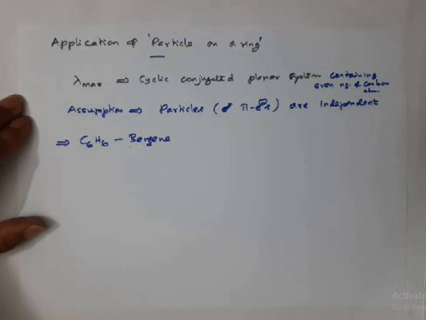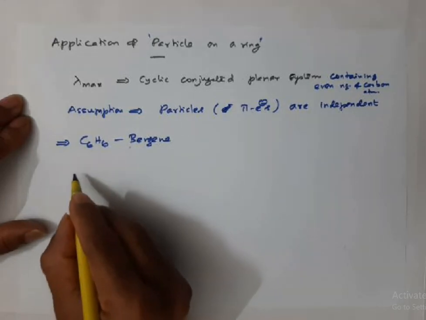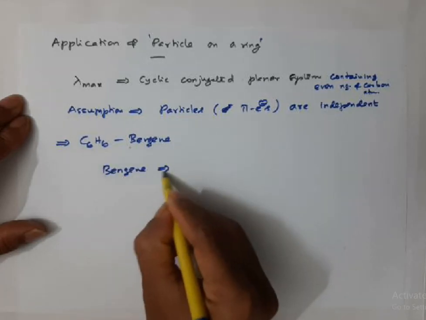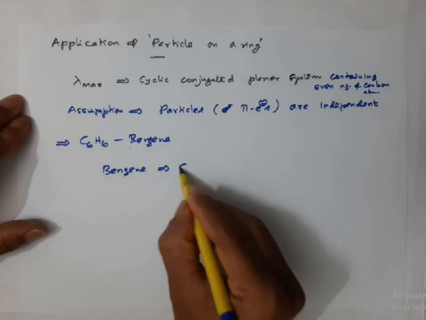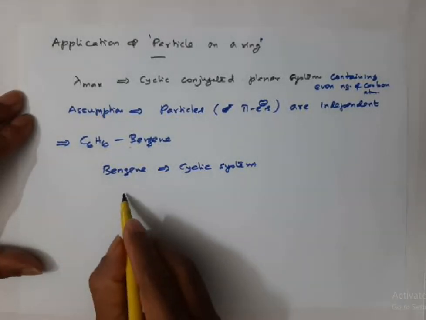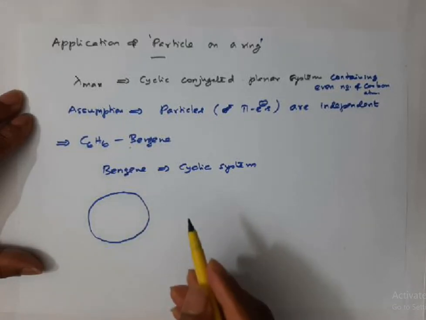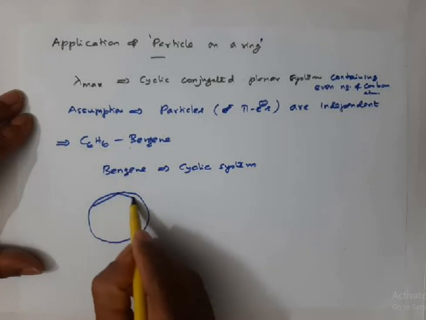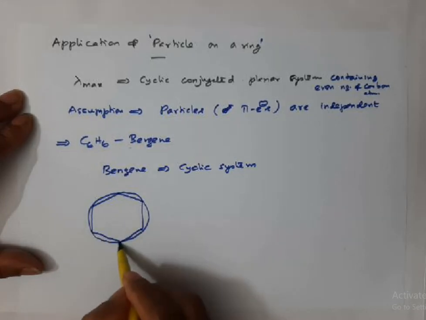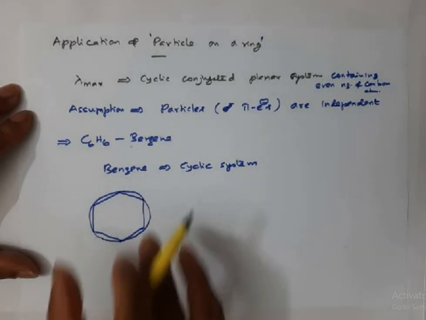Assuming benzene as a cyclic system, you know very well, in the Frost circle, you might have learnt about this under aromaticity, you can keep the conjugated molecules in a Frost circle like this, in cyclic conjugated molecules like this. So you can take benzene and keep it like this.